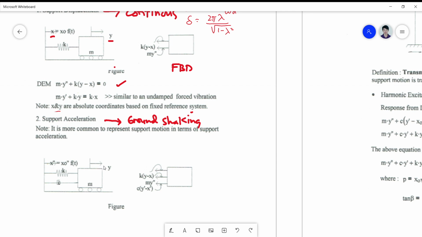Okay, so you can see that the mass is only attached to the y coordinate, it's not attached to this frame of reference, which is the x coordinate, moving back and forth to represent motion.